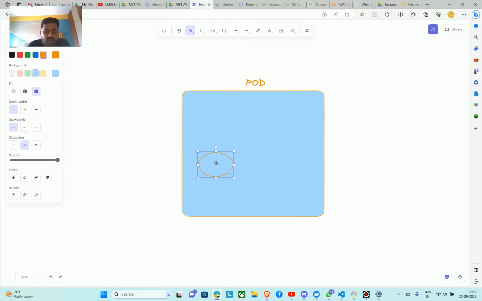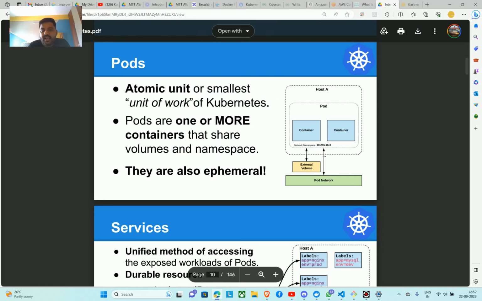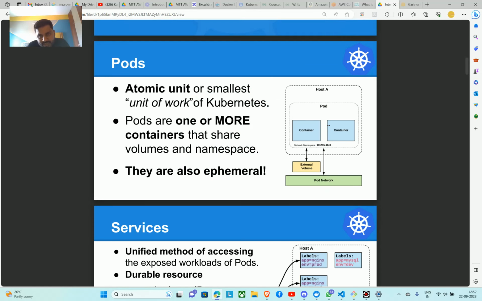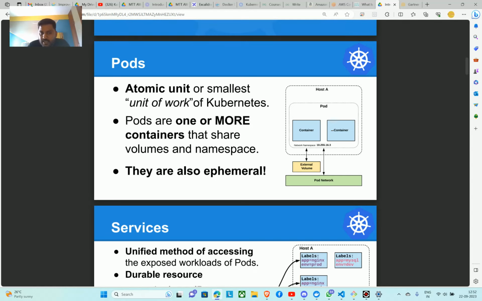Usually you can have one or more, but we prefer to have only one container inside one pod. Which you can see in the diagram. But in this diagram, you can also spin up one more container inside a pod. But usually on a production grade cluster, we always prefer to have one container in one pod.